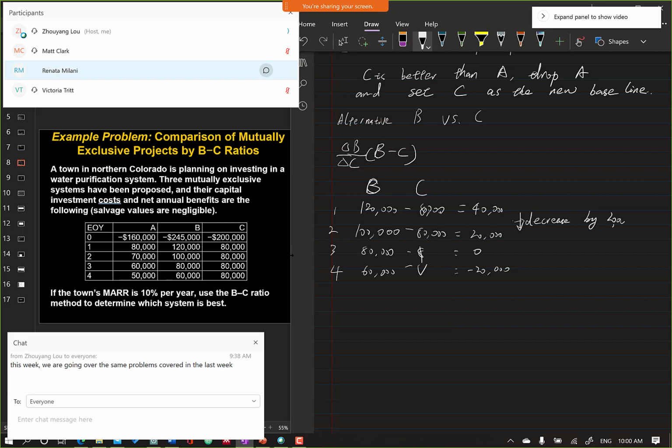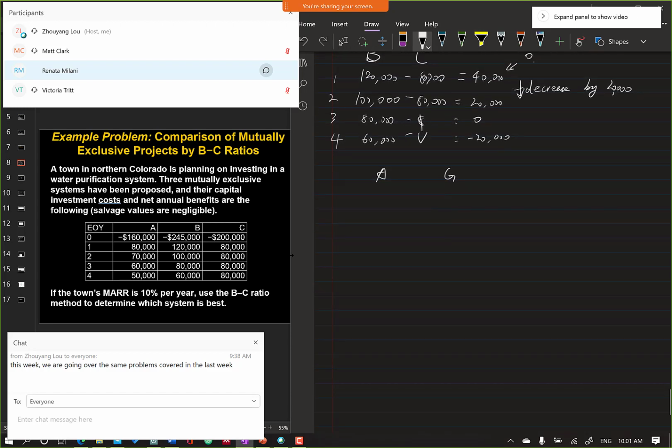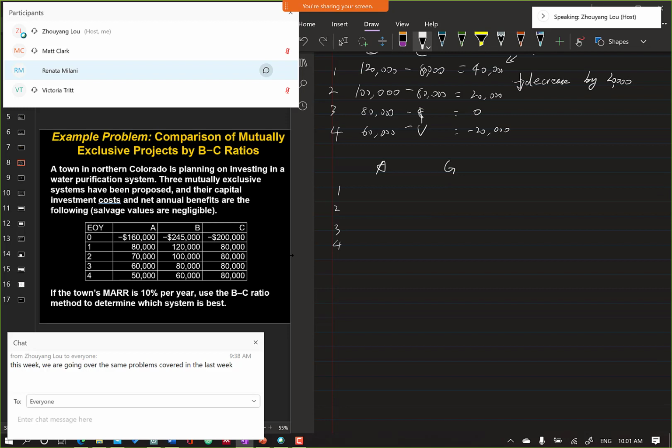So we will definitely use the uniform gradient formula, but that requires the first year to be 0. So we're going to apply the same trick. Treat it as two parts. We have the annuity part and the gradient part for the 4 years.